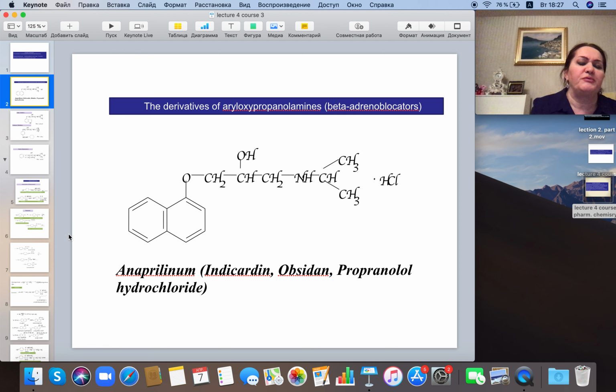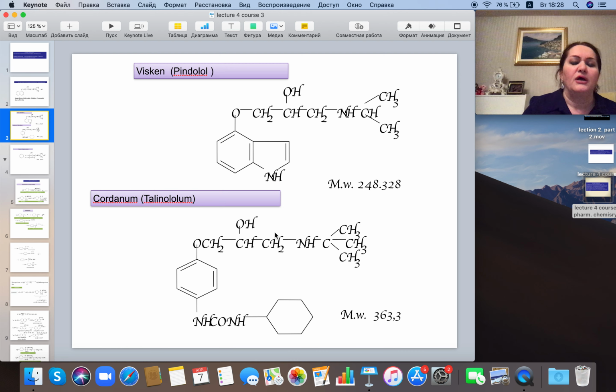For assay of this preparation we use non-aqueous titration, with perchloric acid and crystal violet as indicator, and this preparation is used in different diseases, vessel disease, heart disease, and so on.